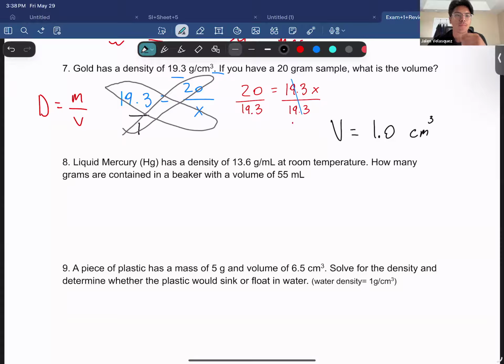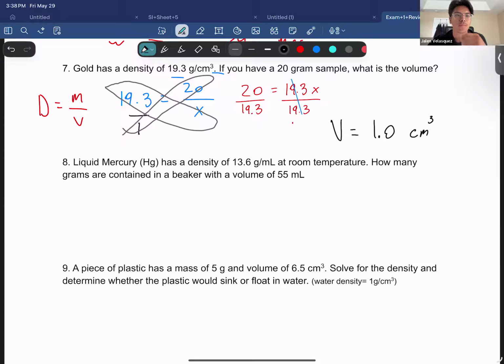All right, how are we doing so far, number eight? Anybody? No idea. Okay, no worries. So, in a way, this is kind of like the opposite of the previous problem we did, right? Again, we're dealing with density. However, in this problem, I give you the volume, and you have to figure out the mass, right?